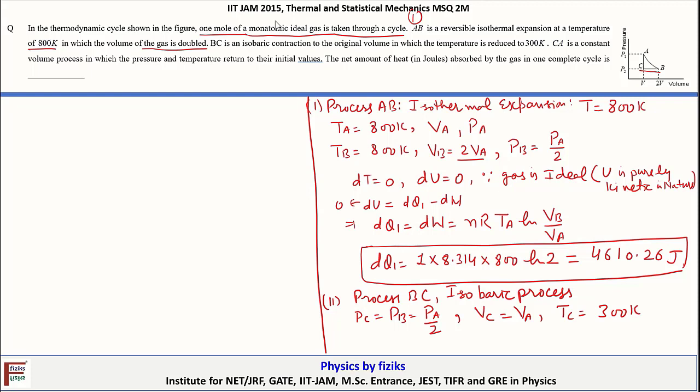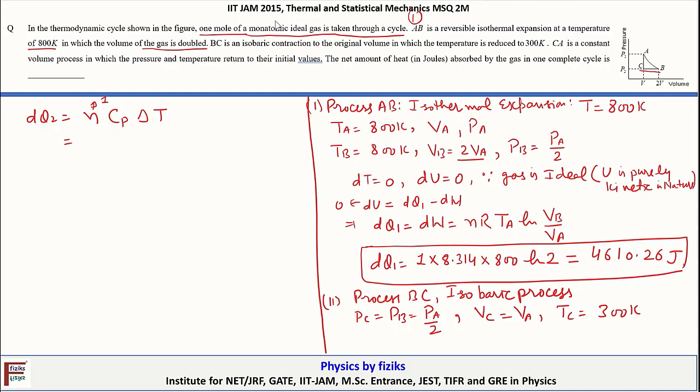So now we can find the corresponding heat change during the step B to C. Let dQ2 be the heat exchange involved during process B to C. That is equal to n Cp delta T. So n is 1 here, and what is Cp?